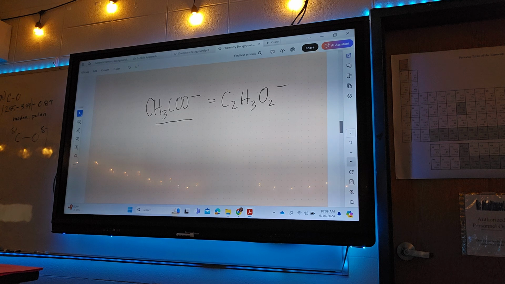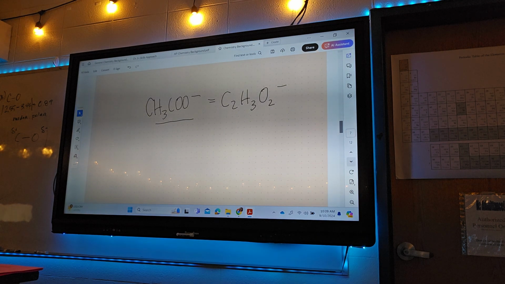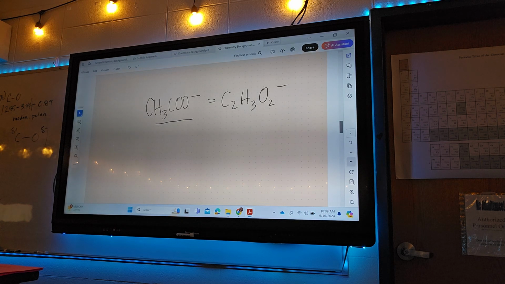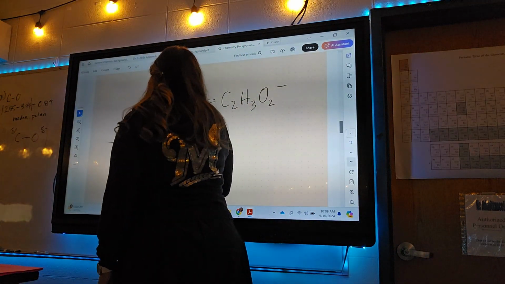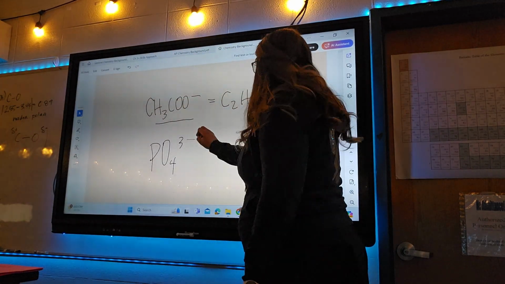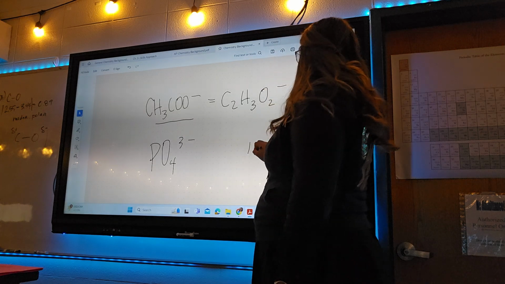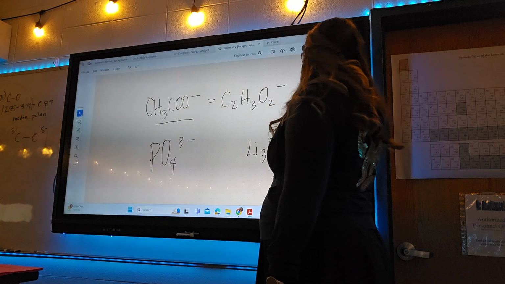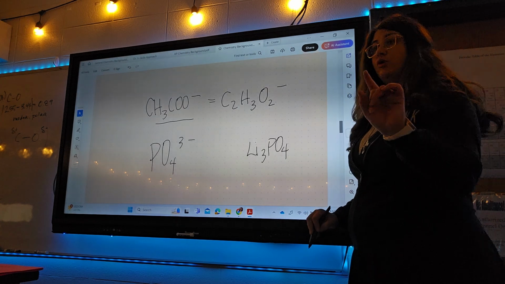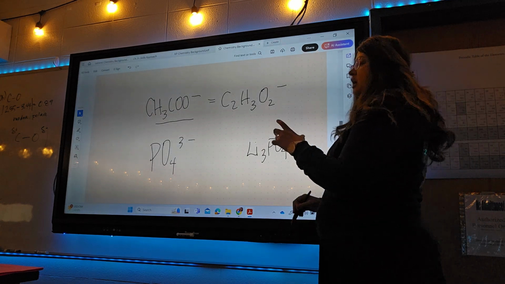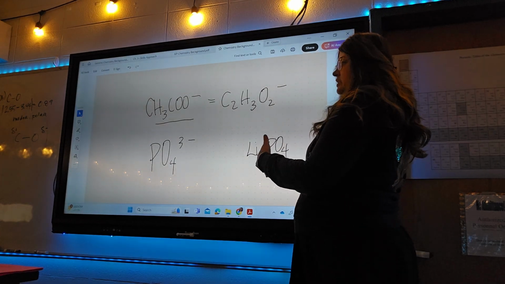Yes, Dominic? Why on the phosphate it's Li3PO4, but phosphate on here is PO4 3 minus. Yes, okay, so then that's another question. Why do you see this on your pink sheet, but this on your homework? We will talk about that when we talk about writing compound formulas from the name.